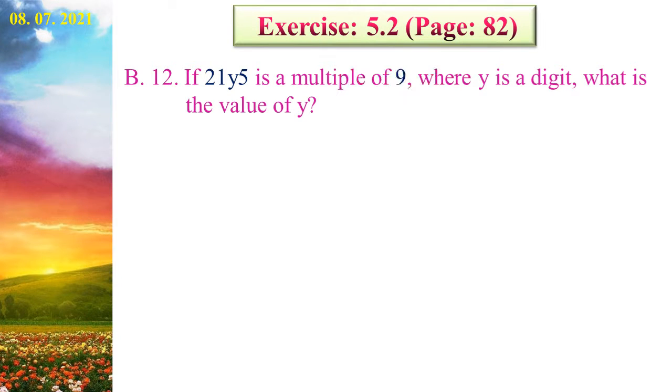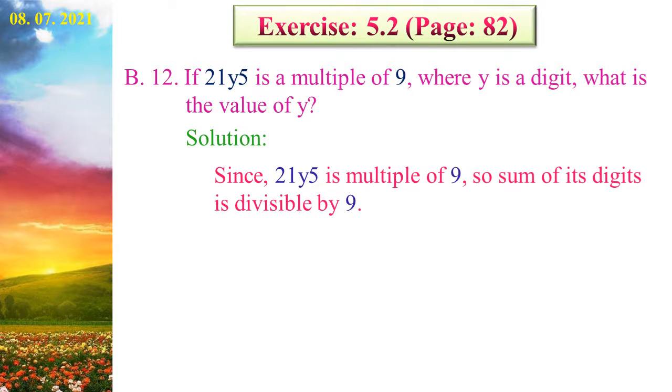Let's see one more problem. If 21y5 is a multiple of 9, where y is a digit, what is the value of y? Solution: Since 21y5 is a multiple of 9, the divisibility rule of 9 is that the sum of its digits is divisible by 9.